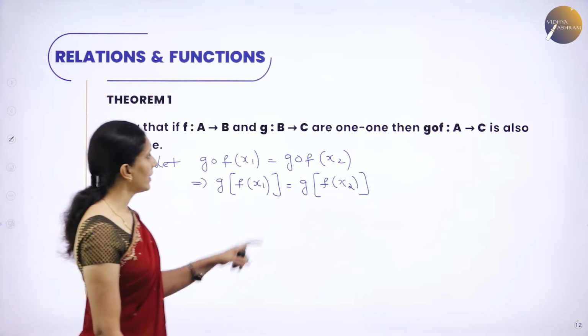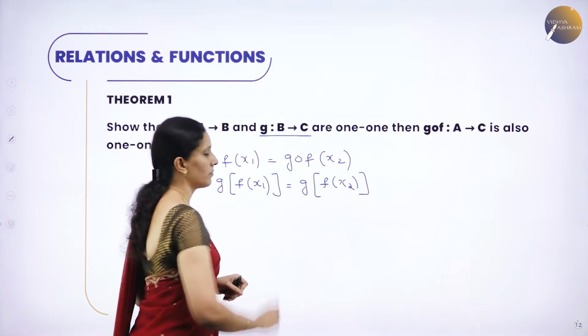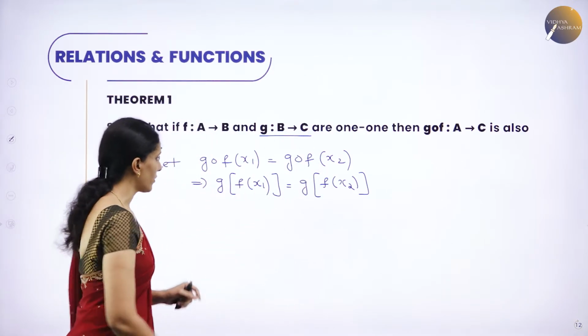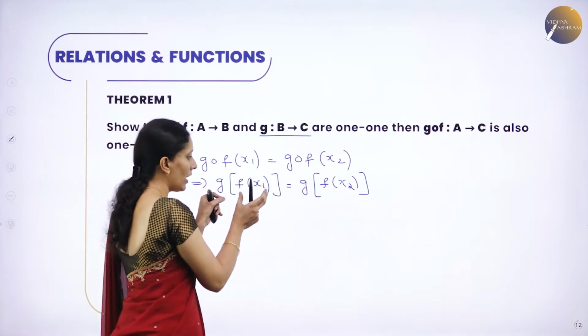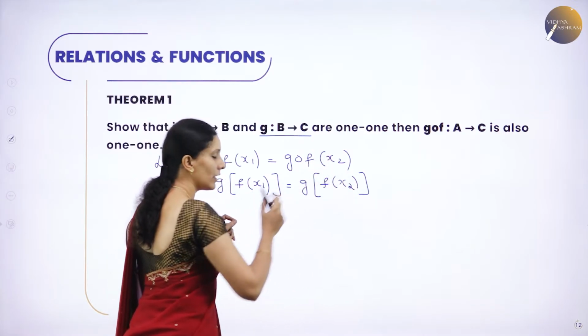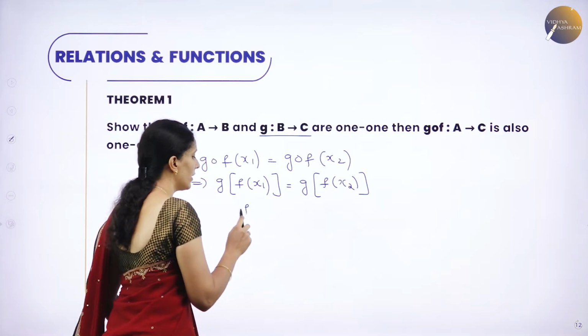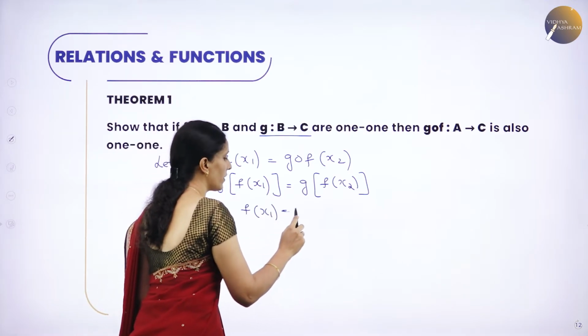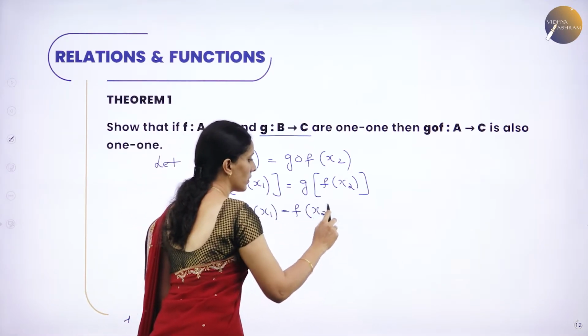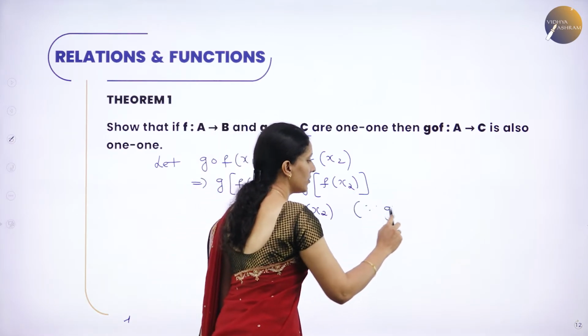Now given that g is a 1-1 function. If g is 1-1, g of an element and g of another element being same means the elements are same. If g(f(x1)) is equal to g(f(x2)), then I should get f(x1) is equal to f(x2). Why? Because g is 1-1.